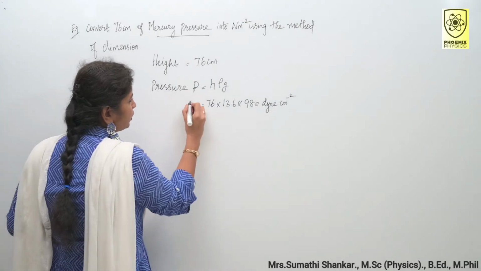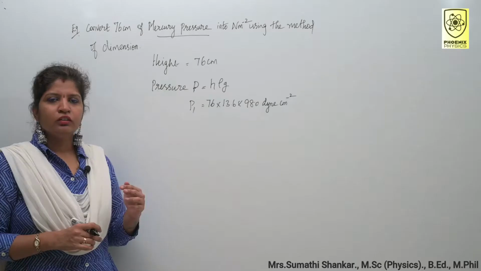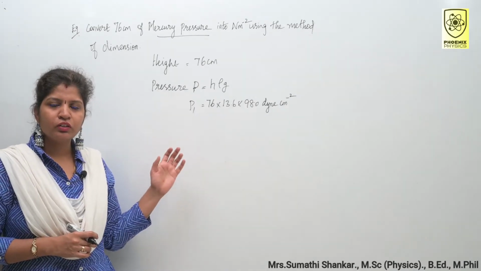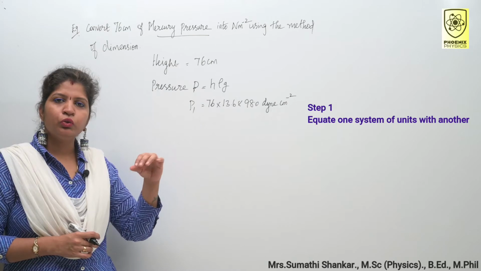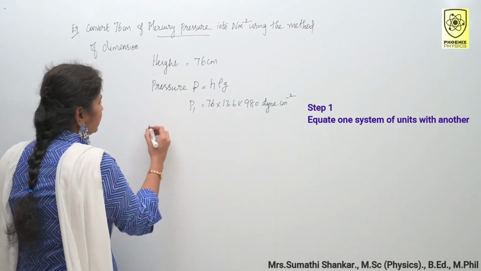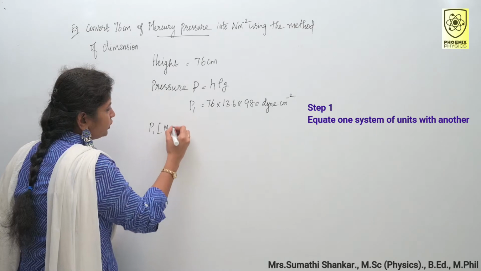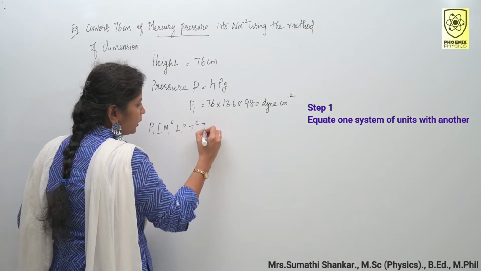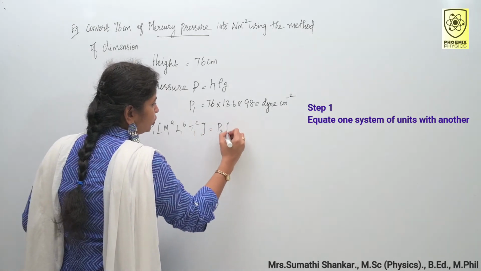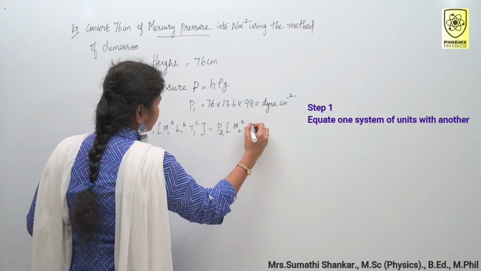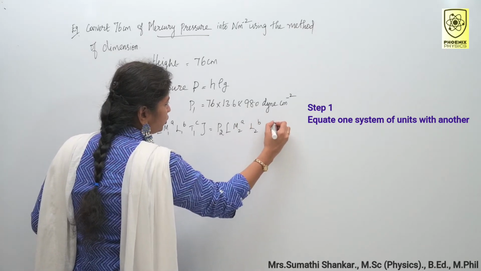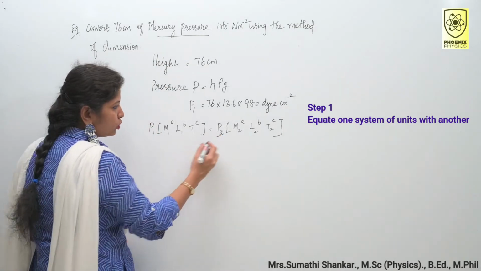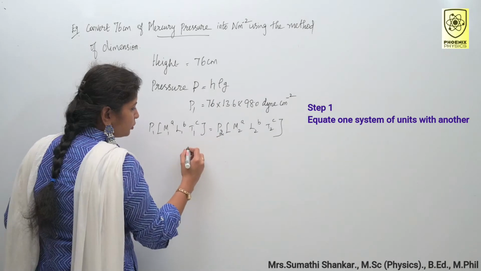This dyne is equal to Newton in MKS, and here meter for SI unit and centimeter for CGS unit. So this is our pressure P1. You know there are two steps involving in this application. First one is equate one system of unit with another. Here P1 M1 to the power A, L1 to the power B and T1 to the power C is equal to P2 M2 to the power A, L2 to the power B and T2 to the power C. We are going to find out pressure P2. So bring this term here.